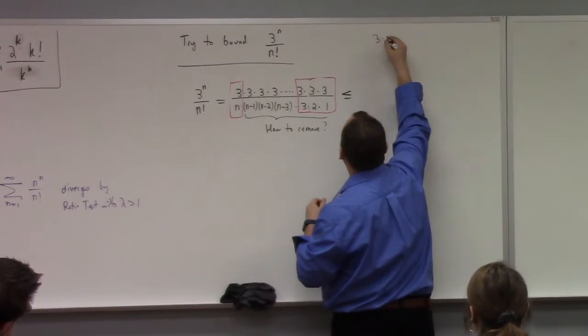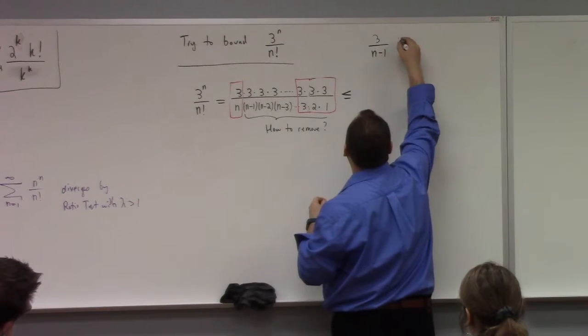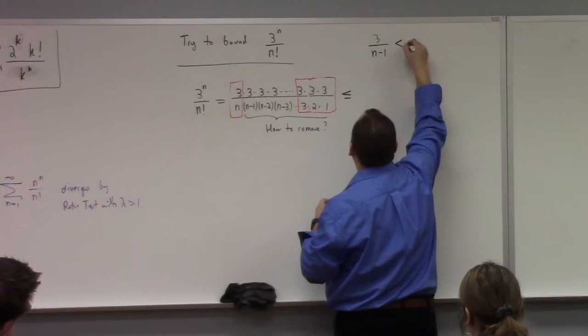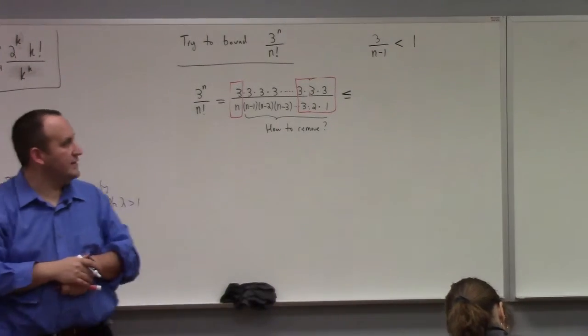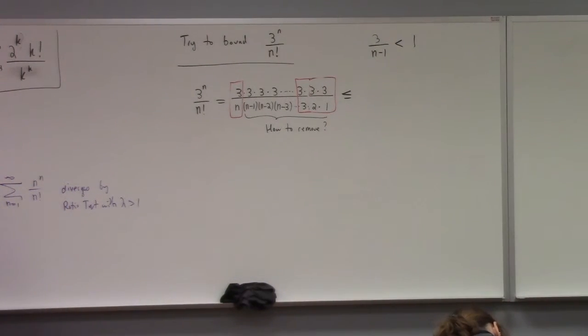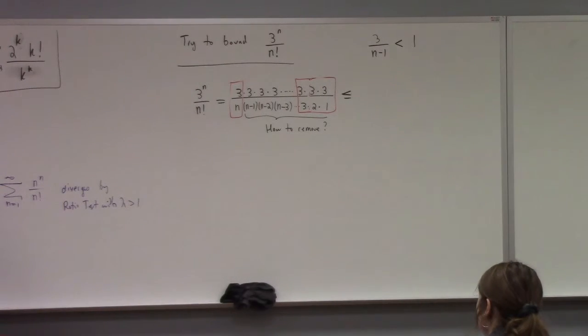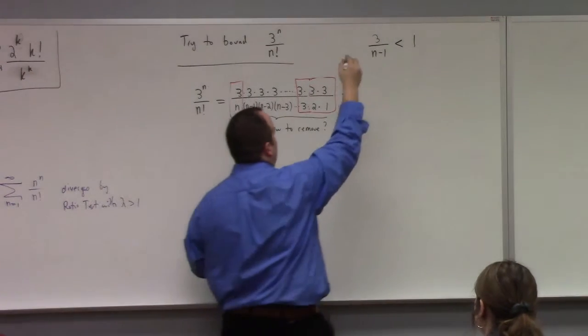I want 3 over n minus 1 to be what? If I had 3 over n minus 1 less than 1, would that make 3 over n minus 2 less than 1? I mean, isn't this less?